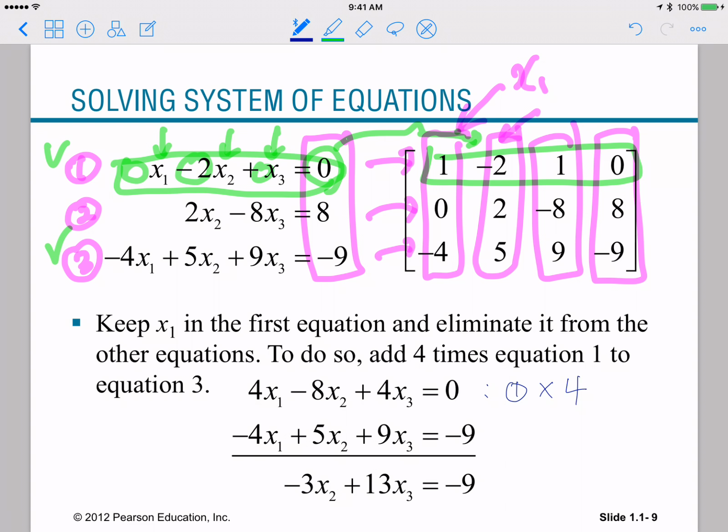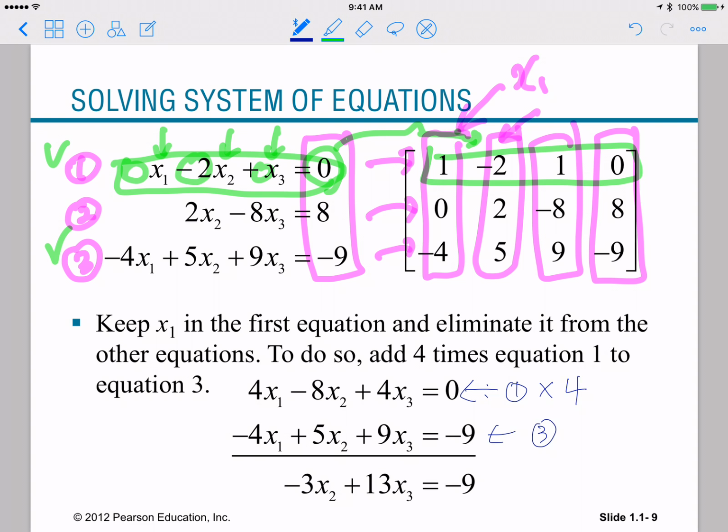we simply multiply the first equation by 4, and the resulting equation is this, and then we add them up to the third equation.